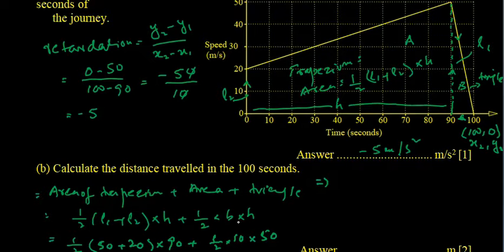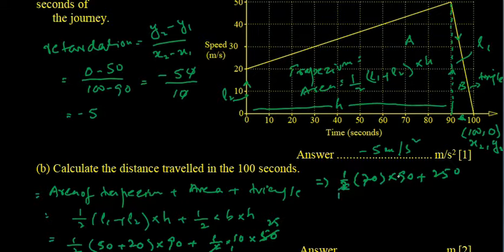So when we simplify it, it becomes 1 upon 2 (70) multiplied by 90, plus half divided by 2, 25 times 10 is 250.